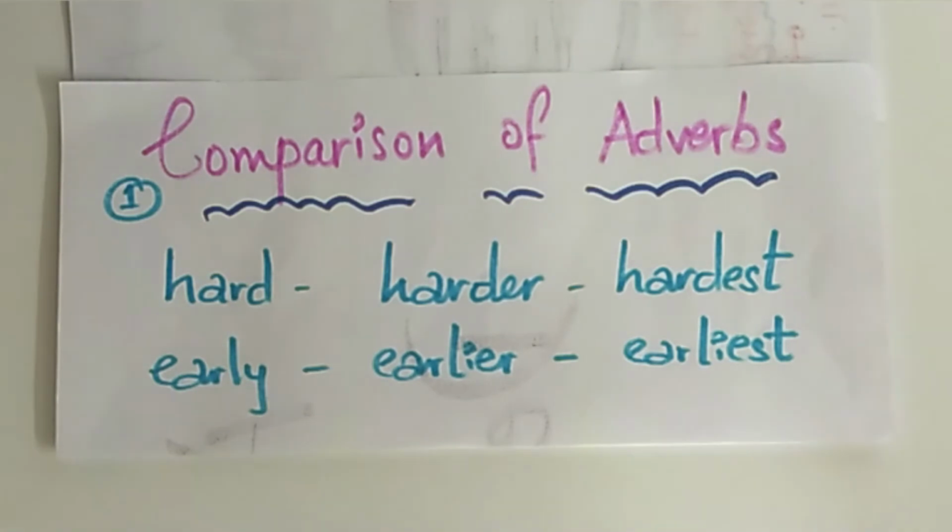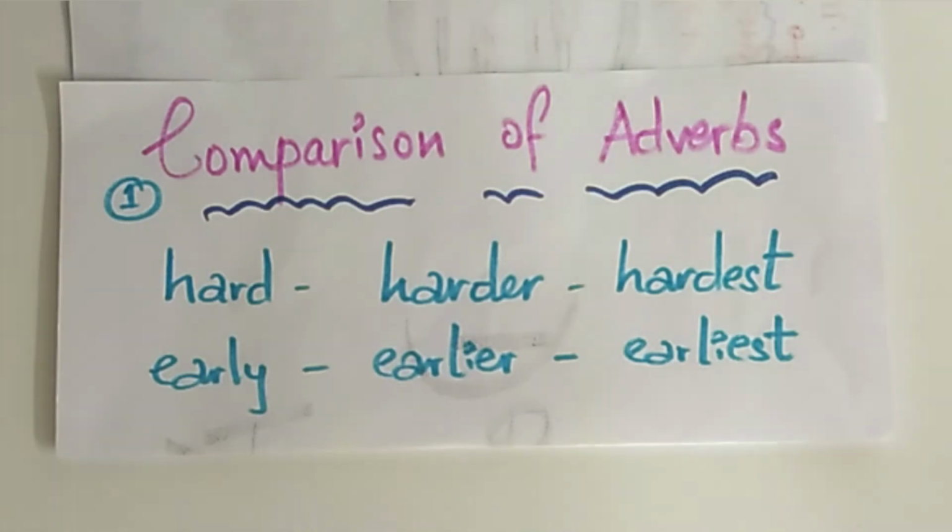You all know that adverbs are a very important part of speech in our English language, and I must say that in English grammar, as there are 8 parts of speech, it plays an important role. So what is the comparison of adverbs here?